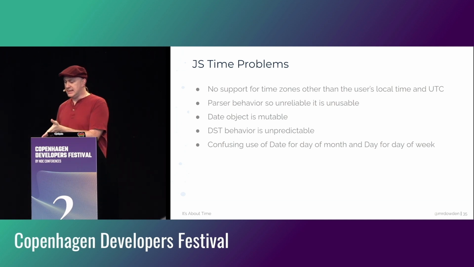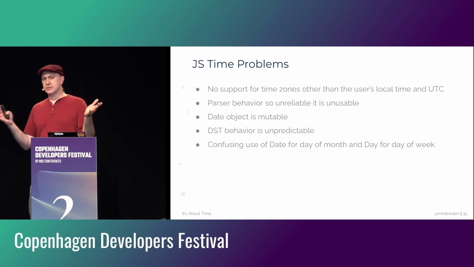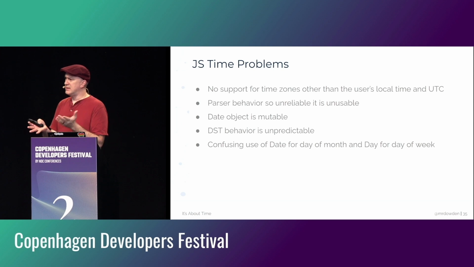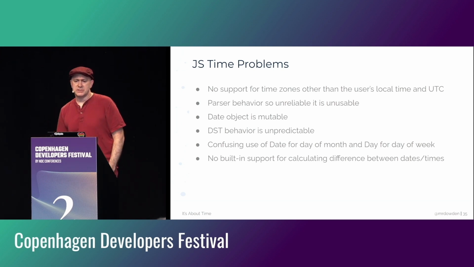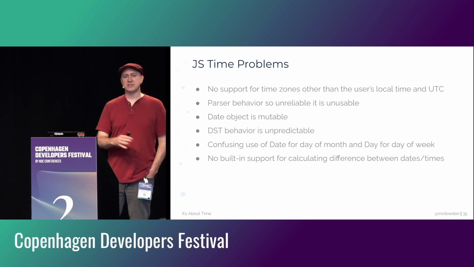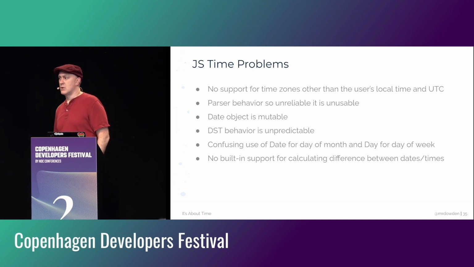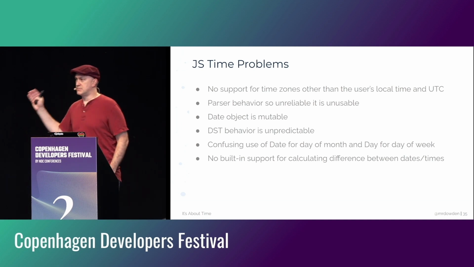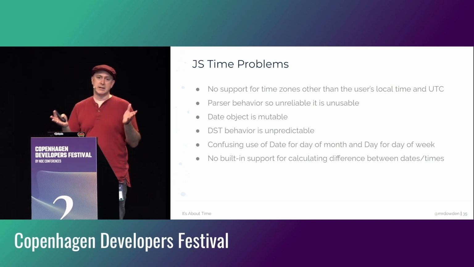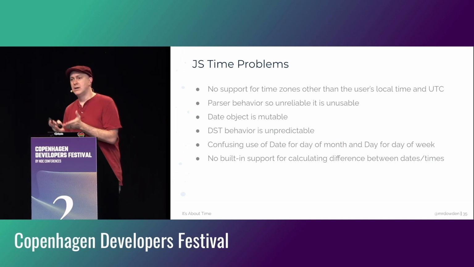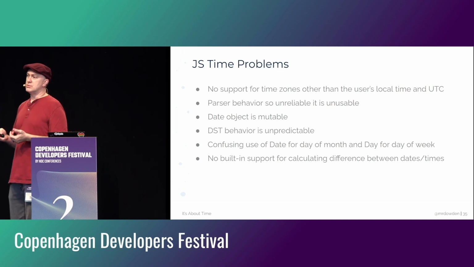Well, and date is the whole date, not just the day of the month, right? That's in normal language. And then there's no built-in support for calculating the difference between days and times. So I cannot, using JavaScript date objects, compare two dates and get a realistic number back, which is why we have such a big problem with the use of epoch.